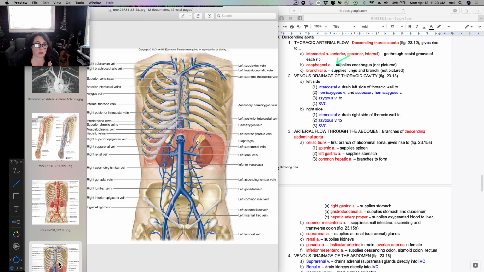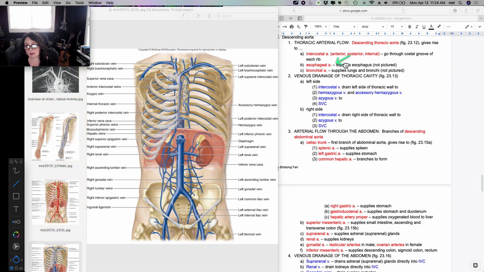Remember, the aorta was more toward the left side, so when you were going from the aorta on the left side, you didn't have to make as many diversions. But same thing with venous drainage on the right side. On the right side, you can kind of go directly into venous circulation, but from the left side, you need to make a couple of jogs. So the venous drainage of the thoracic cavity, that's what we're going to talk about right now.